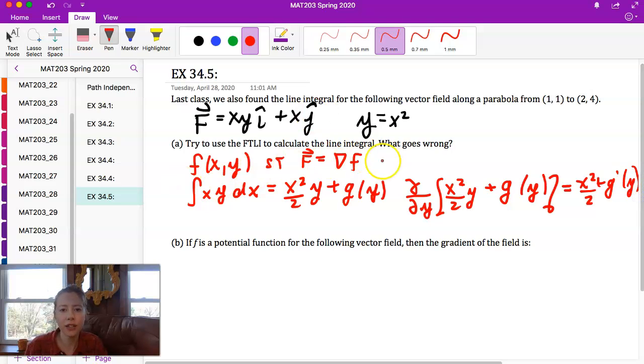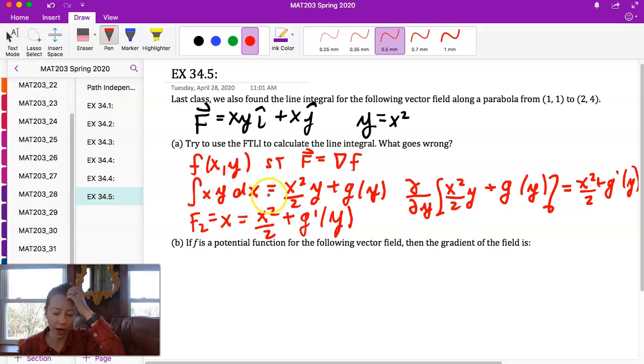So we need to try to solve for g prime of y by saying, okay, well, f sub 2 is equal to x, which is equal to this, which is x squared over 2 plus g prime of y. All right, so the problem here is there's not a case where x is equal to x squared over 2.